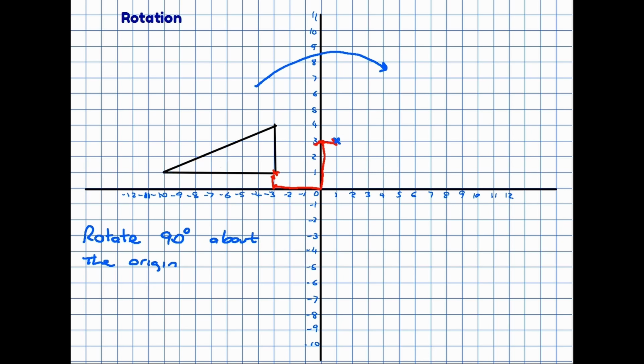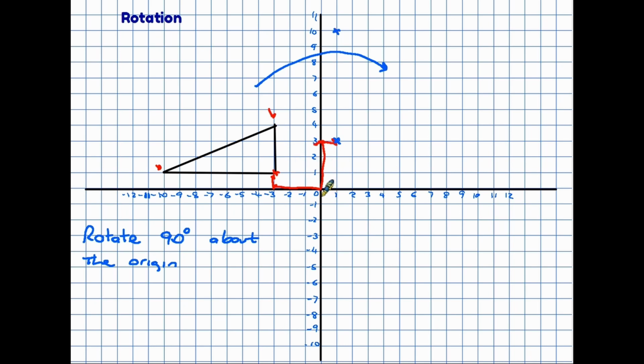Let's have a look at the end corner of the triangle here. This has gone 10 to the left and 1 up. So by turning it 90 degrees, we would have to go 10 up here and 1 on. We are simply copying this movement, but we're taking it through 90 degrees. Let's mark that one in blue. Let's have a look at the final corner on the triangle. Now this, from the origin, the point of rotation, it is 3 back and 4 up.